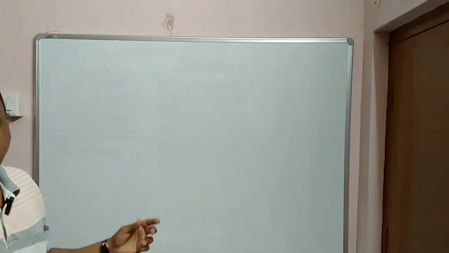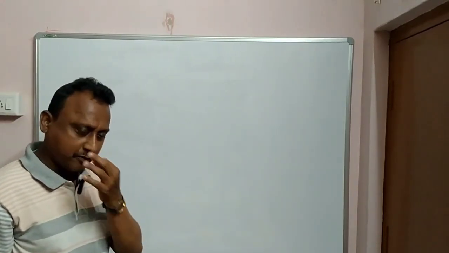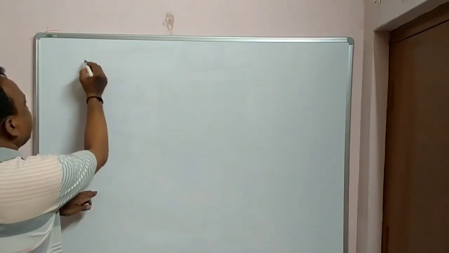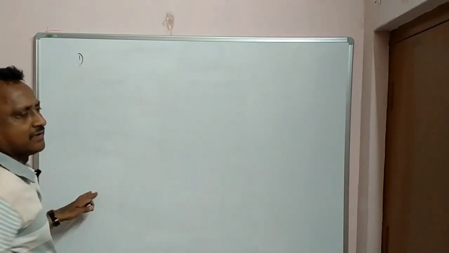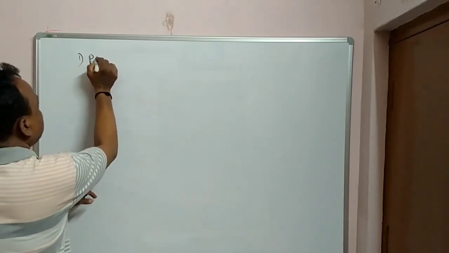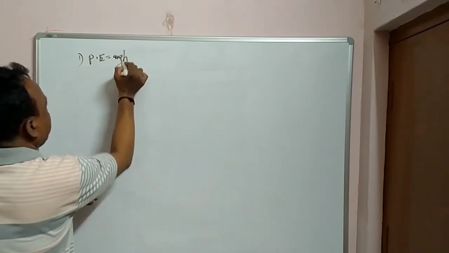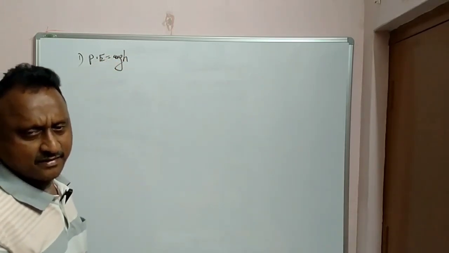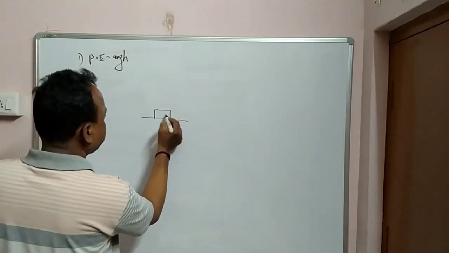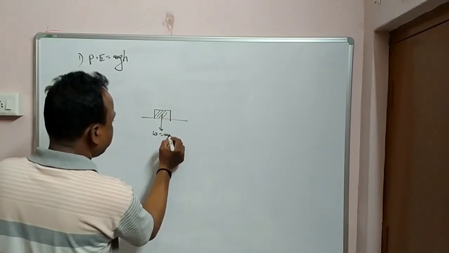Right. So just now we defined the dot product of two vectors. After learning about the dot product, what are the applications? Generally applications are asked in intermediate. If you see the IPE 4 marks question, an application is potential energy, that is P is equal to mgh. For example, a body is resting on the ground, W is equal to mg.